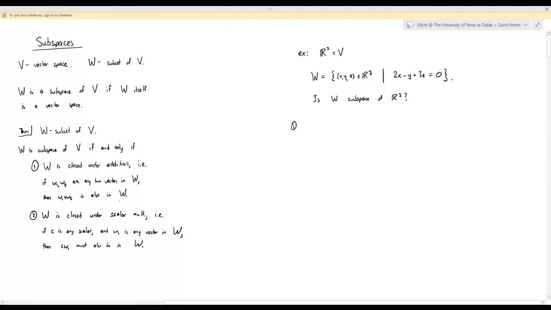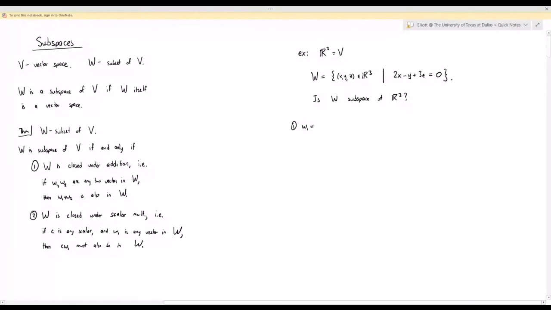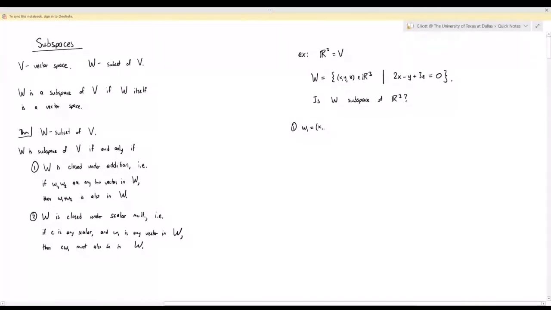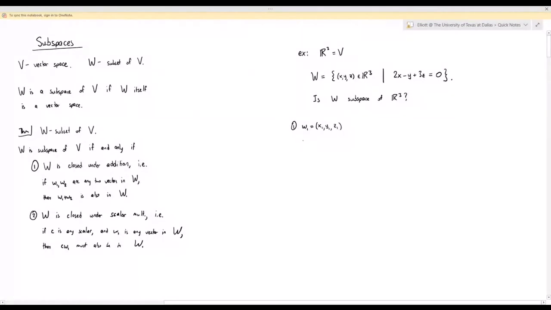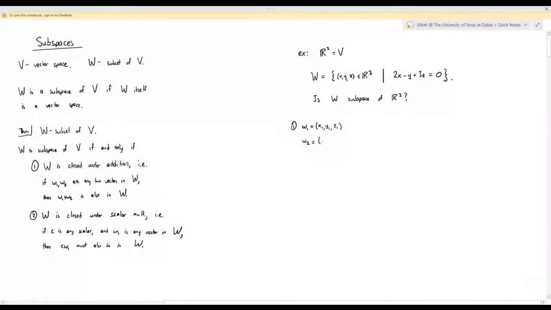So we're going to start with two vectors in W. I'll call them W1 and W2. Let's say the components of W1 are x1, y1, z1, while the components of W2 would be x2, y2, z2.